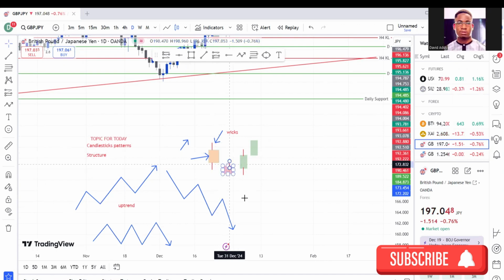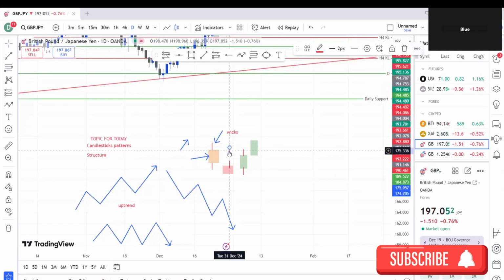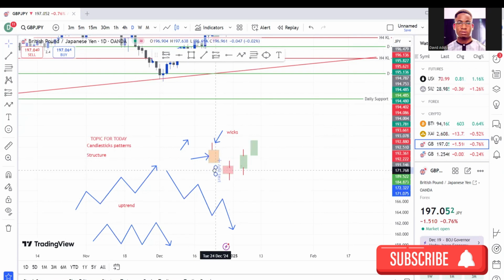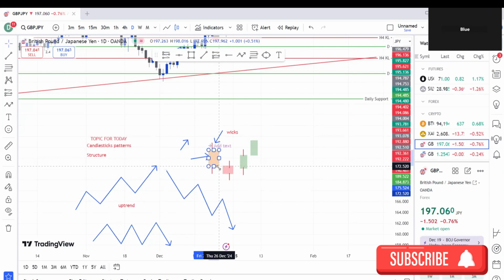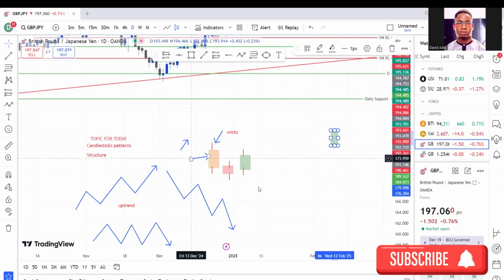A wick here, another wick here. Good. So this one is the morning star.